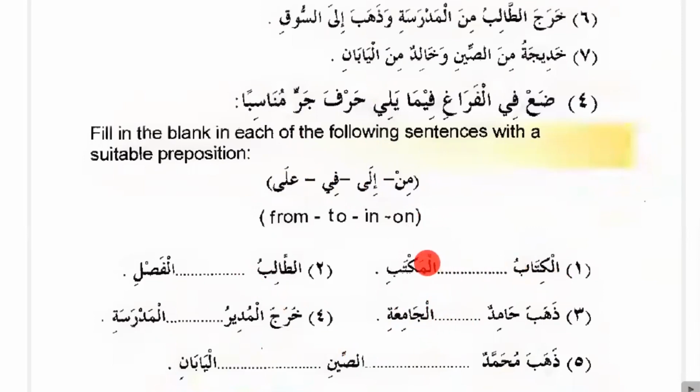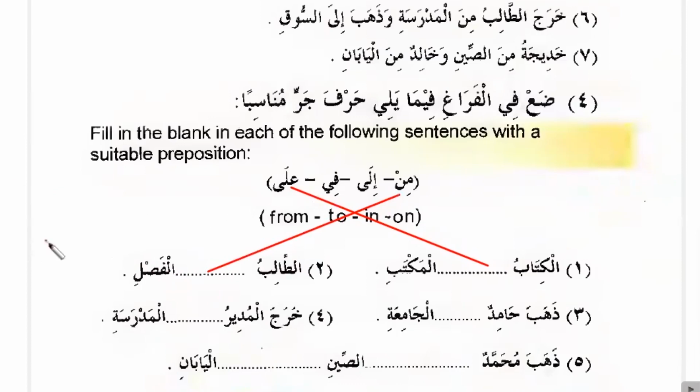So al-kitabu, of course, al-maktab. So let's use al-maktab. Al-kitabu al-maktab, right? Okay, then we have the second one. At-talibu min al-fasl, right? The male student is from the fasl, the classroom. So min al-fasl. Use min al-fasl, right?